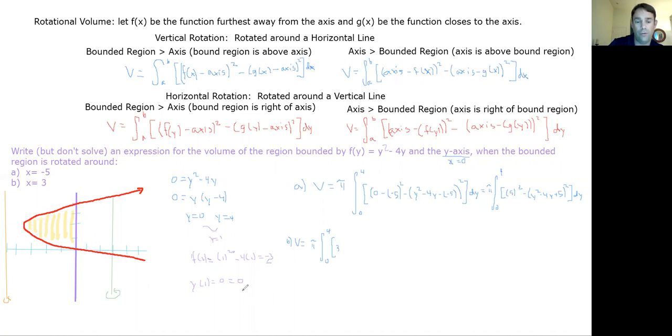Well, -3 is furthest away from 3 than 0 is, so that means we use the parabola first. So y squared minus 4y. And we are going to square that. And I'm going to subtract 3. Then I have 0 as my second function.